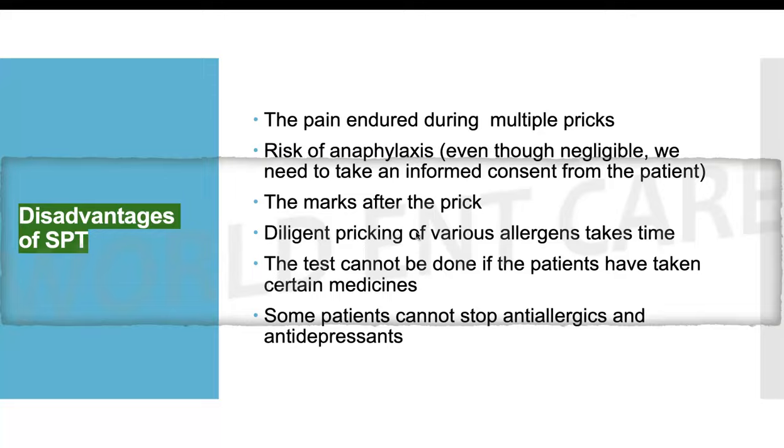The consent form should be there when you are doing SPT. The marks after the pricks may linger for a couple of days. Diligent pricking of various allergens takes time. The test cannot be done if the patient has taken certain medications. Some patients cannot stop anti-allergies and antidepressants.